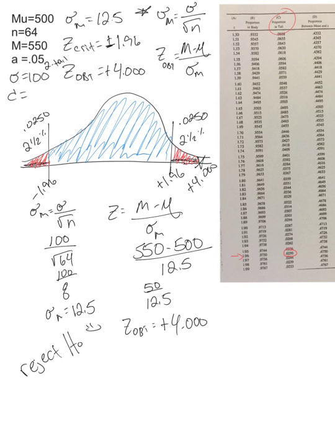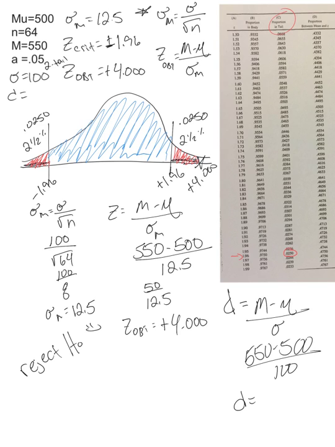And because that did, now we need to find out the effectiveness of it. So we have to find Cohen's d. Cohen's d is mean minus mu divided by standard deviation. This is effect size. So 550 minus 500 divided by 100, so 50 divided by 100.